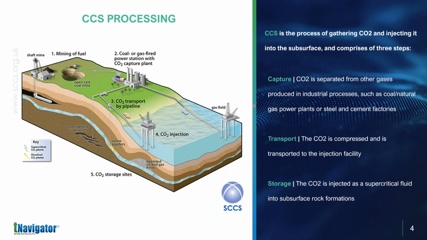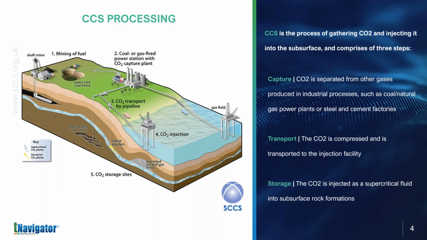After that, it should be compressed and transferred to a depleted reservoir or to the storage. There are a lot of different aspects in each stage of this process, and today we will try to talk about the second and the third stages, transportation and storage.